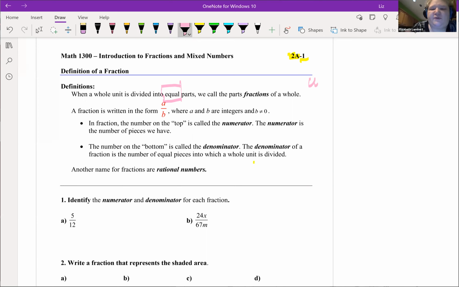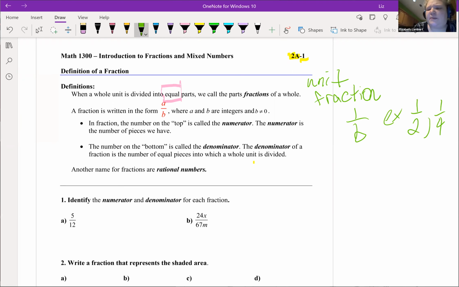So a unit fraction, let's use an actual pen, is a singular piece. So like 1/b. So it could be like a half, a fourth, just as long as the top is 1.